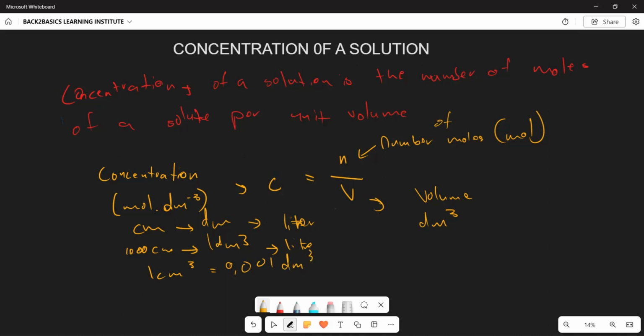And 1 centimeter cubed is also the representation of 1 milliliter, right? So these are some of the things that you need to take note of.